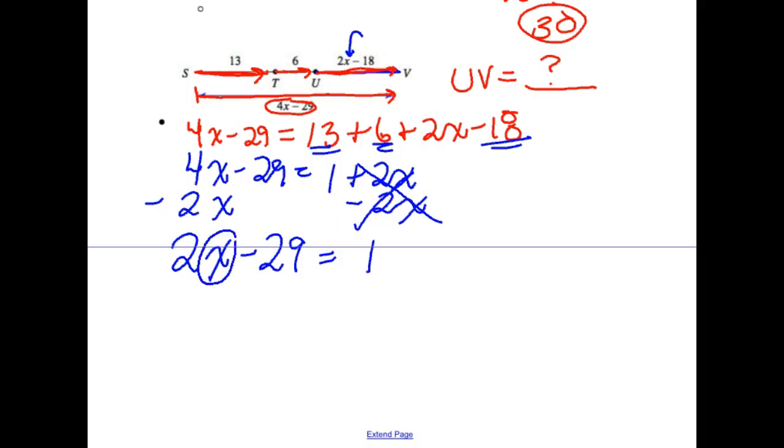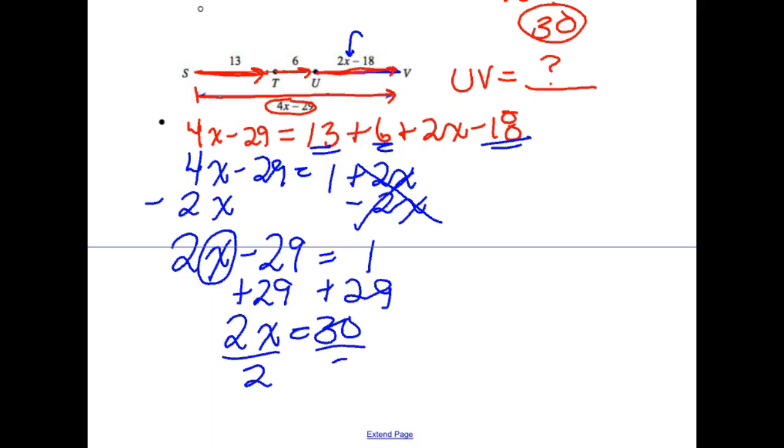I'm now going to attack this x by doing the opposite operation. I'm going to add 29 to both sides, which gives me 2x is equal to 30. I'm going to do the opposite operation of multiplication, which is division. And what I get is x equals 15. But that's not my answer.